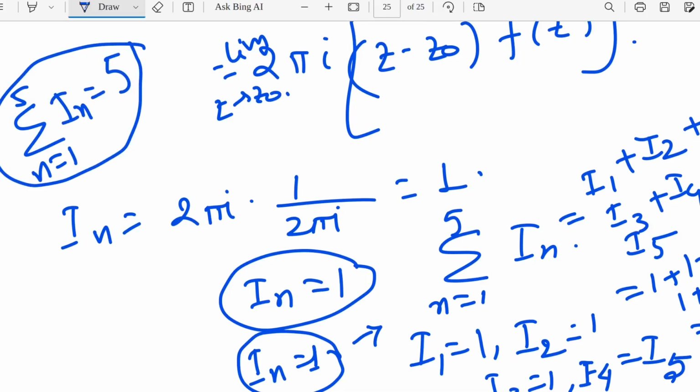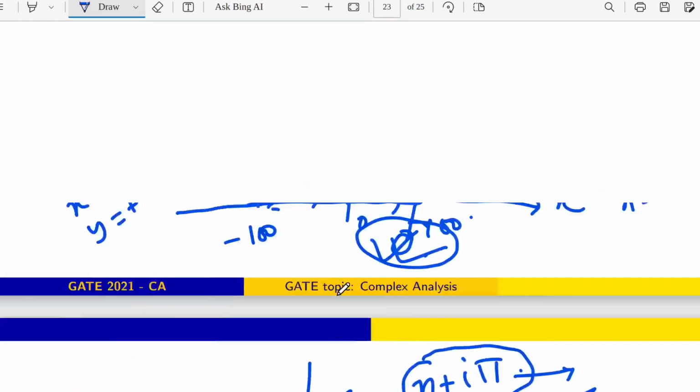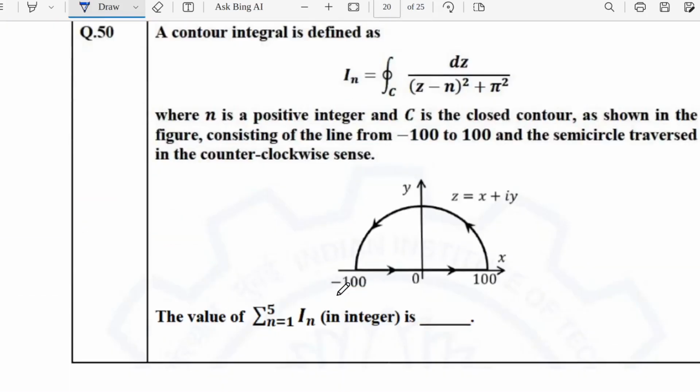Do you understand that question? Most of the people will do In equals 1, I am getting, so they will write the answer as 1, but the answer is not 1, because they are not asking In, they are asking the summation n equals 1 to 5 of In.